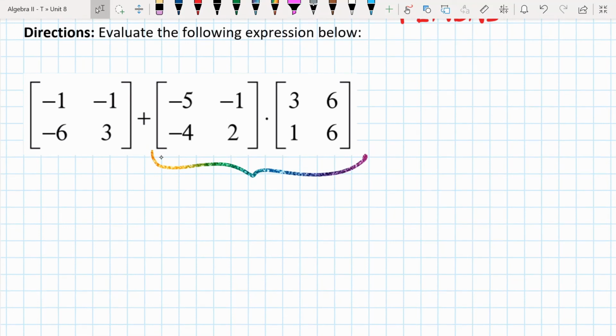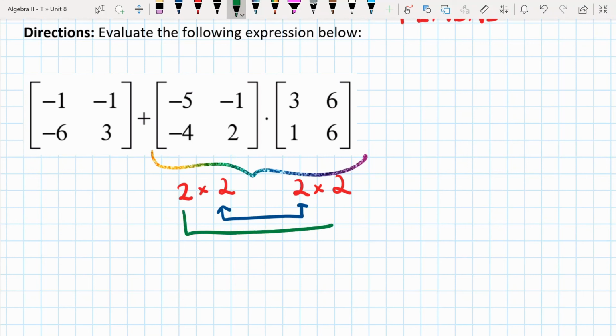So before we add these matrices together, let's evaluate what this is by undergoing multiplication with these matrices. So this is a 2 by 2 matrix. This is a 2 by 2 matrix. Well, these are the same. And we're going to get a 2 by 2 matrix as a result, which means that we can add it to this. And so we will have an answer here. We won't get an undefined value.